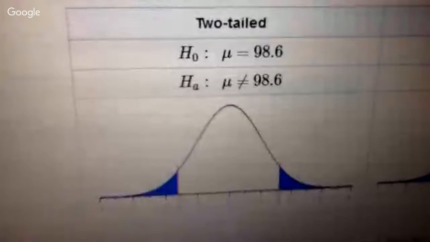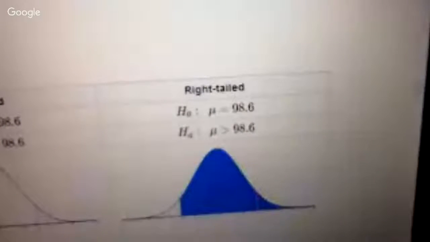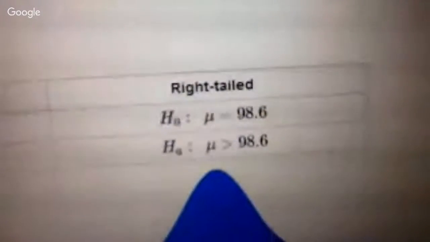So maybe we didn't shade correctly? Because this is left-tailed, and that's right-tailed. So technically we followed a right-tailed situation, but it could be that it's two-tailed, like on the applet.